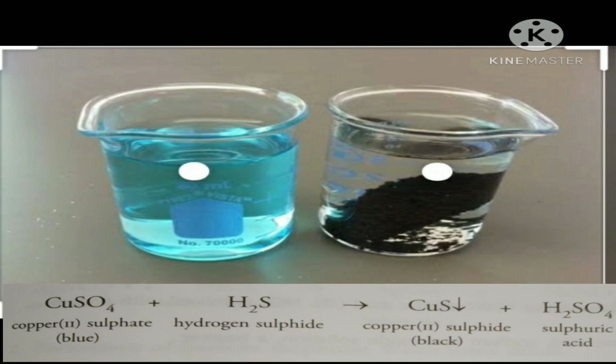You can see it in the figure. Now see the equation. In the equation also it is necessary to mention the change in color. So below copper sulfate you have to write blue, and below copper sulfide you have to write black. Now next to copper sulfide you will see a downward arrow. I will be explaining later what the downward arrow indicates.